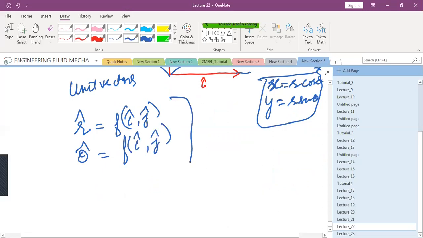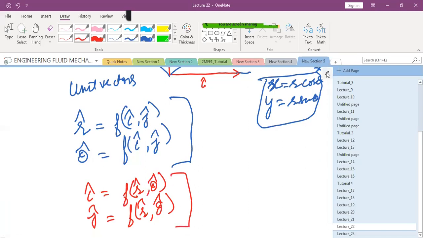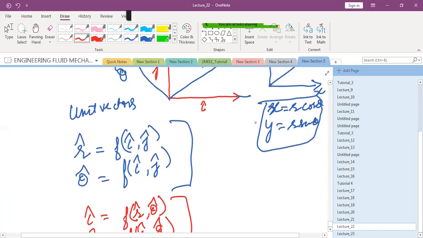This is one. The second is I want to write down I cap as a function of r cap and theta cap. Likewise, j cap as a function of r cap and theta cap. How will you solve these two? Pulkit.